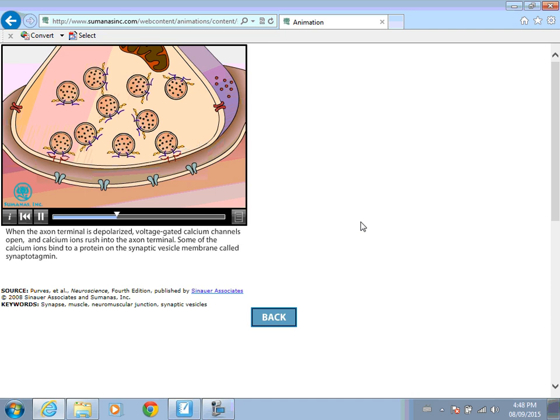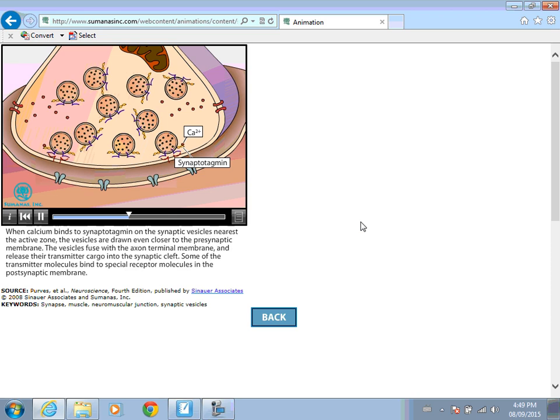When the axon terminal is depolarized, voltage-gated calcium channels open, and calcium ions rush into the axon terminal. Some of the calcium ions bind to a protein on the synaptic vesicle membrane called synaptotagmin. When calcium binds to synaptotagmin on the synaptic vesicles nearest the active zone, the vesicles are drawn even closer to the presynaptic membrane. The vesicles fuse with the axon terminal membrane and release their transmitter cargo into the synaptic cleft.